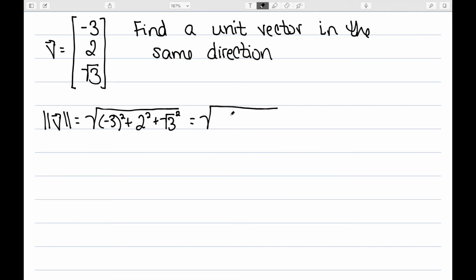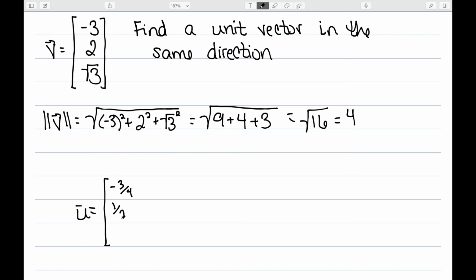This is the square root of 9 plus 4 plus 3, which is the square root of 16, or 4. So my unit vector u, we divide through by 4. So negative 3 over 4, 2 over 4, or 1/2, and then root 3 over 4. So this would be a unit vector in the same direction as v.